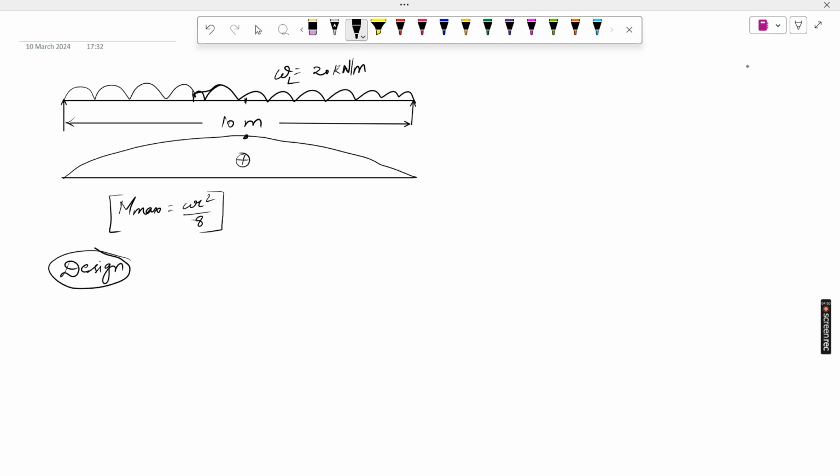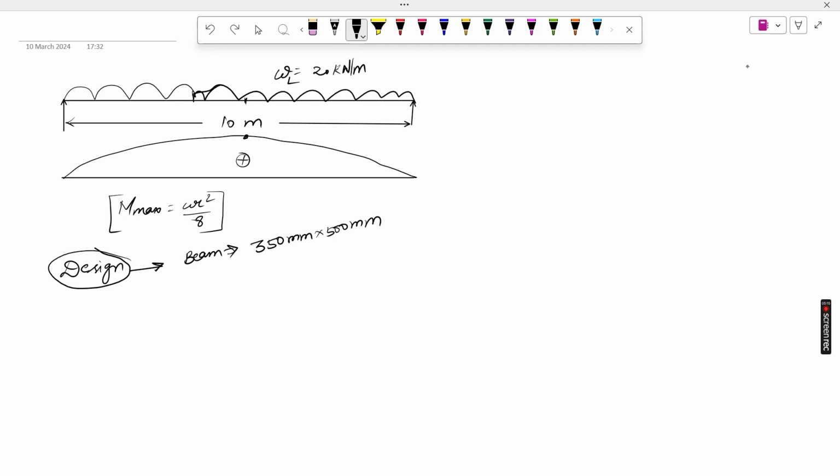the beam, but we don't know the size of the beam. What is the size? You can take anything for starting. For starting point of view, you can take the beam size as 350 mm by 500 mm, like this.